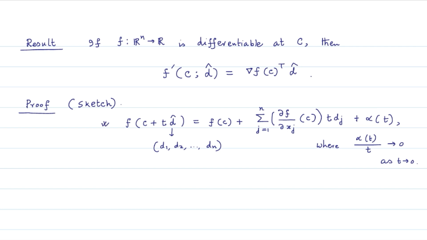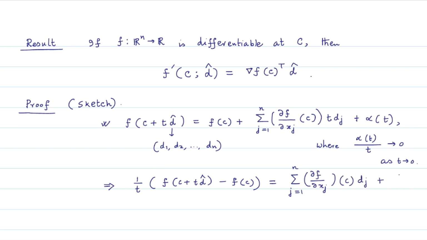Now from this equation, we see that when t is not equal to 0, if we divide on both the sides by t, then we get 1 upon t times f of c plus t d hat minus f of c is equal to this sum, j equal to 1 to n of del f del xj at c times dj, plus alpha t divided by t.